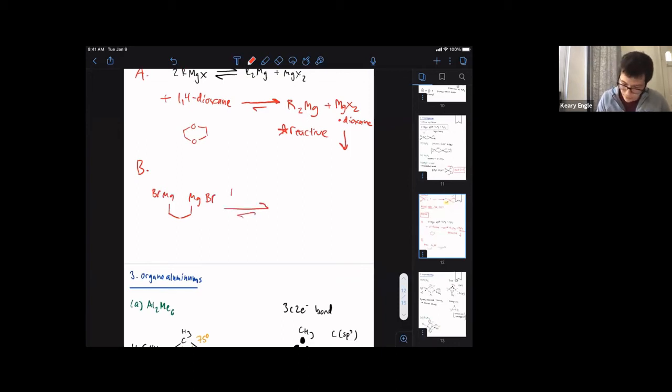So now, just applying that same logic, remembering that we're going to precipitate out a magnesium dihalide dioxane adduct. So let's just draw that as our product B. That's a good place to start. And then how about adduct A?